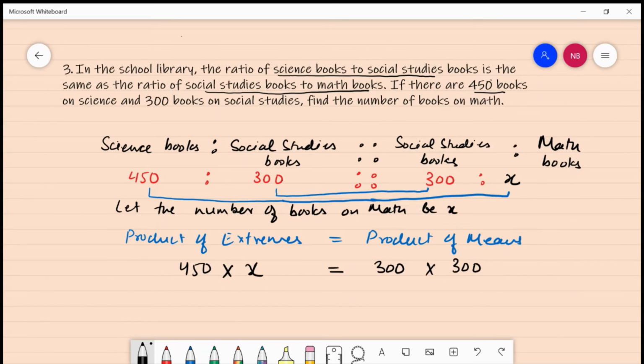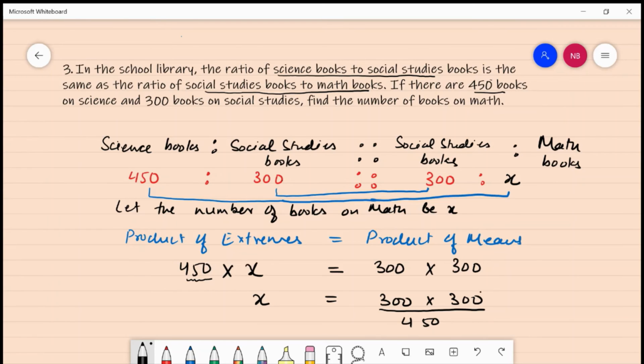Now let's try to find the value of x. Since we have to get rid of this 450, we have to take it to the right hand side and transpose it. So we'll write x is equal to 300 multiplied by 300. Since we are multiplying 450 by x, when it goes to the other side it means we have to divide. So write 450 here. Can we reduce this?